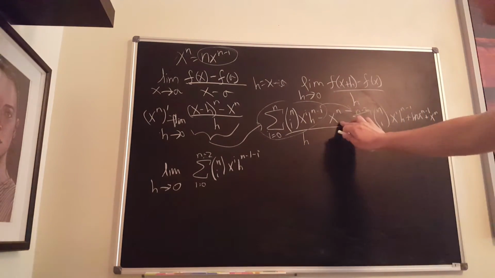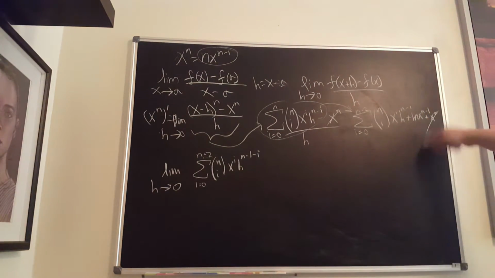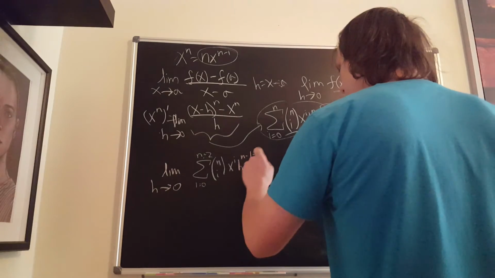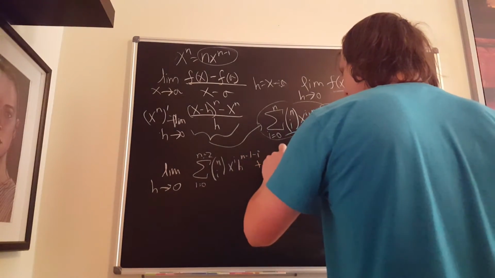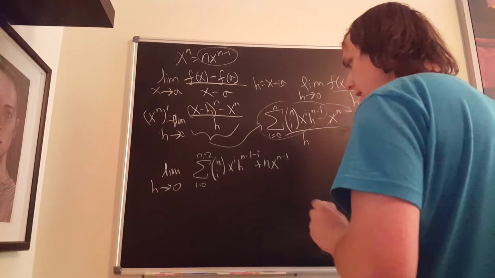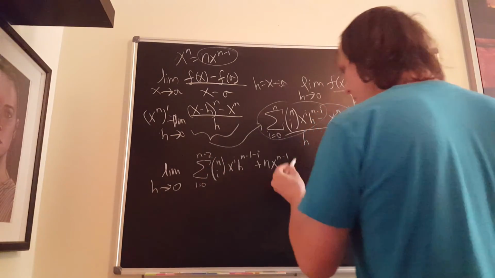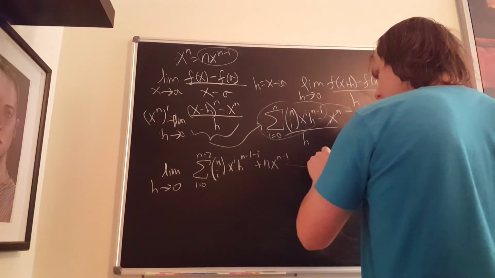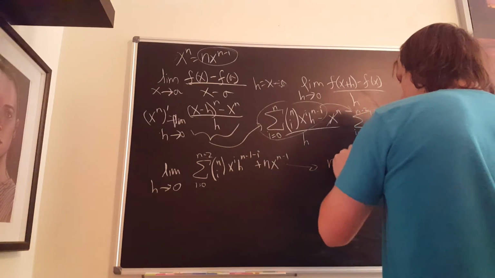And then our x to the n is going to cancel with this x to the n, and then this h is going to cross out. So we have plus nx to the n minus 1, and then we just take the limit as h approaches 0, and that is going to tend towards, of course, nx to the n minus 1.